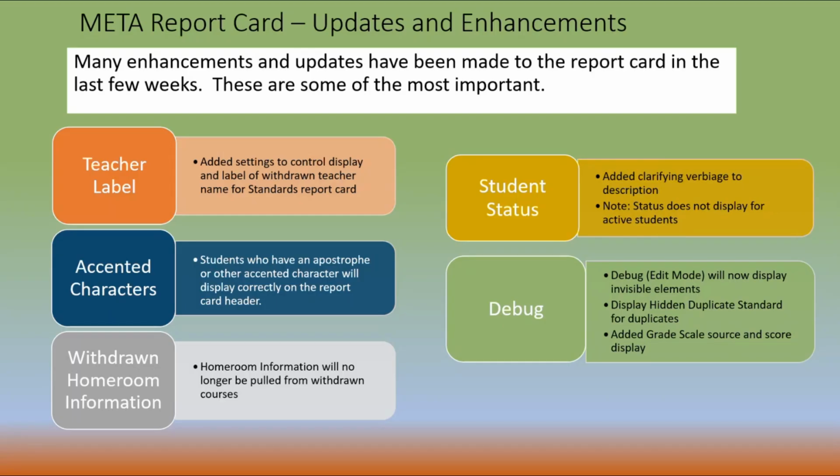We had a ticket that we had a girl who had an apostrophe in her name, and it was causing the name to not show up correctly. Corey has adjusted that. The homeroom information will no longer be pulled from withdrawn courses. That was a bug that just kind of appeared. That's been fixed.